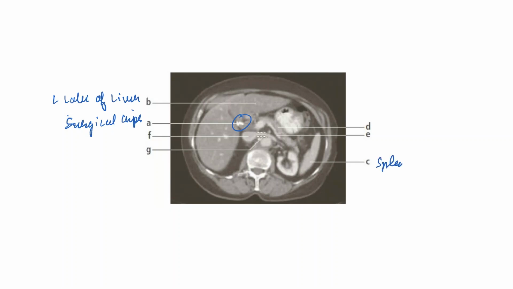C is spleen. D is pancreas. E denotes splenic vein. F, as discussed earlier, is inferior vena cava, and G is left renal vein.